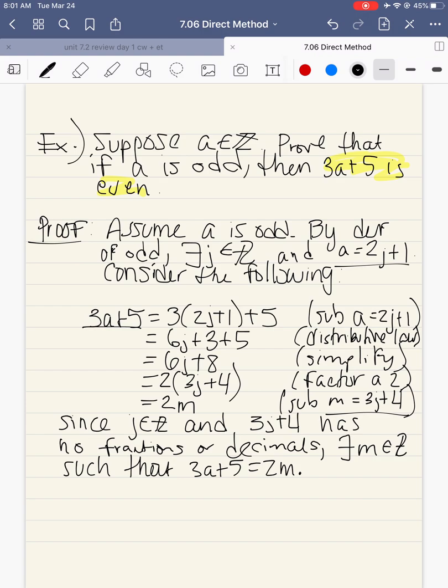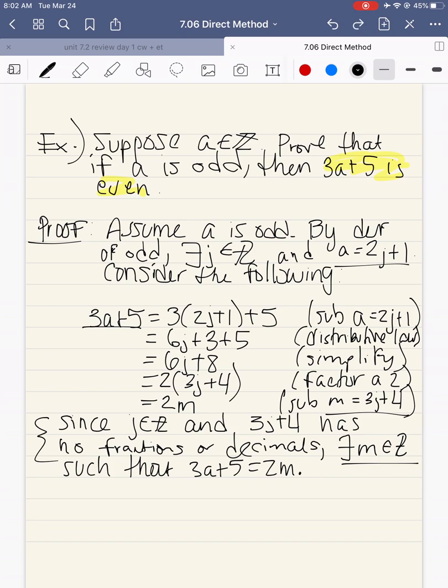Again, we need this statement essentially to say that m is an integer. So since j was an integer and m is made up of 3j plus 4, and the expression 3j plus 4 has no fractions or decimals, we can assume that there exists an m that is an integer, and then our statement here can follow.